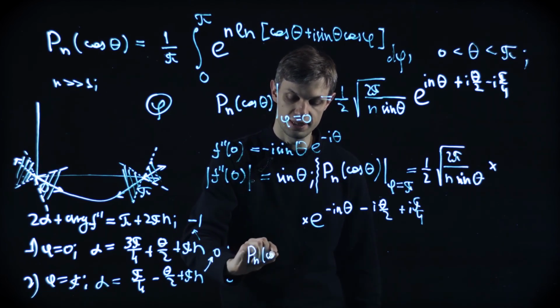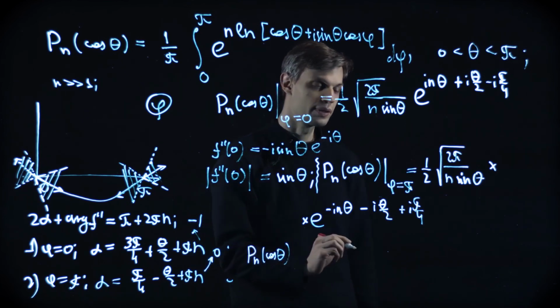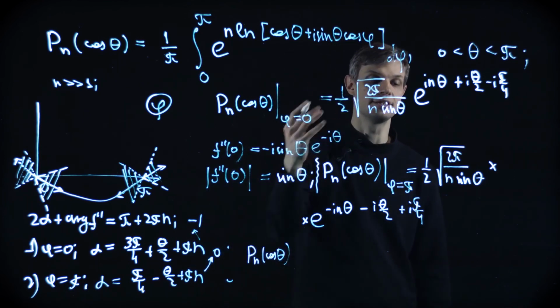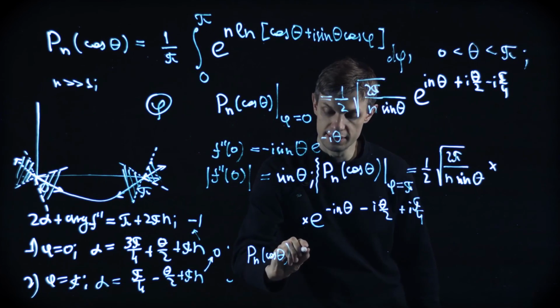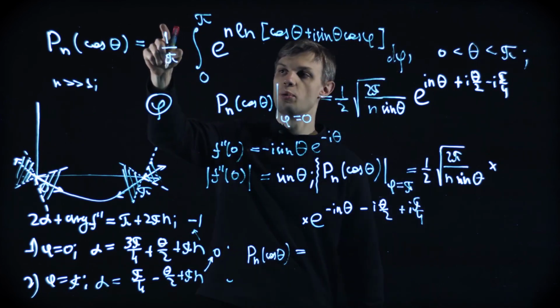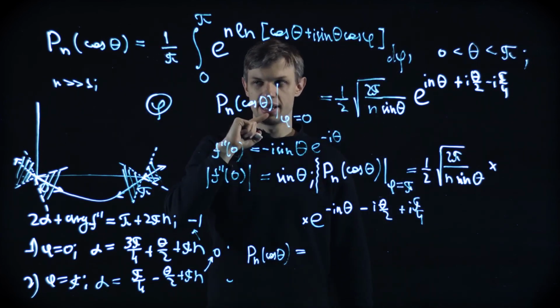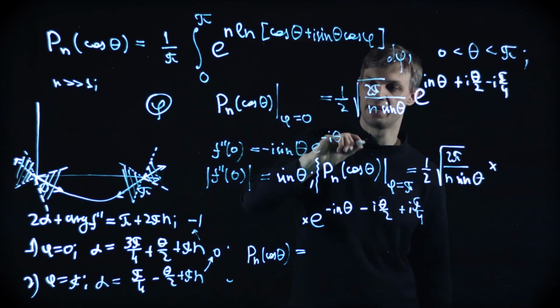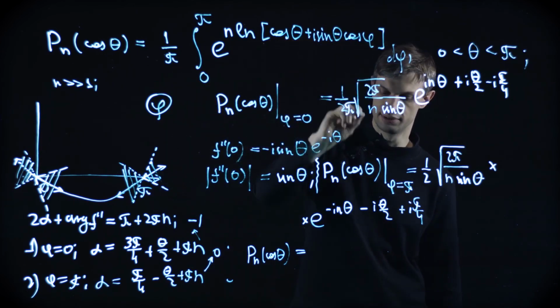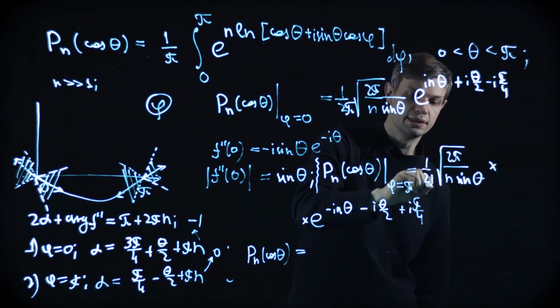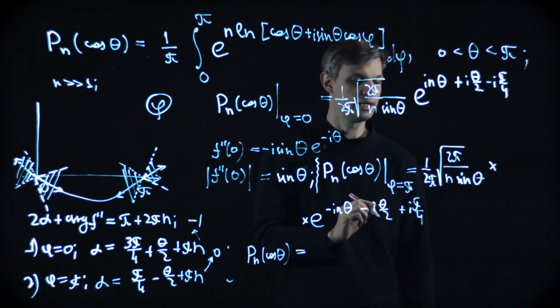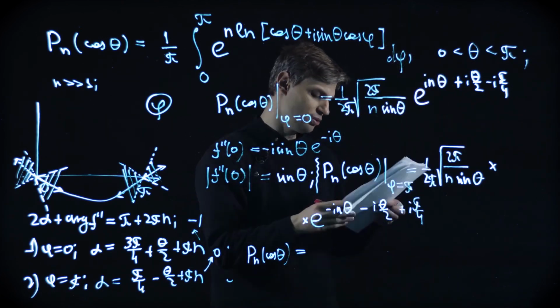P_n of cosine theta. The 1/2 is going to be consumed by the cosine term, so it's simple. And there is a 1 over pi factor here. Actually, let's write this pi here. Why not? So pi here and pi here.